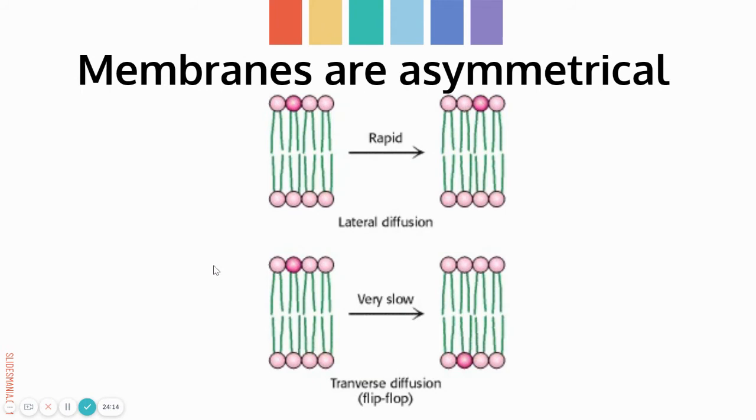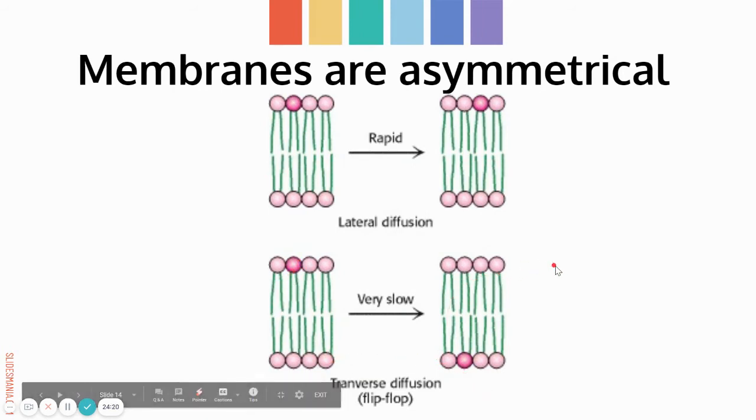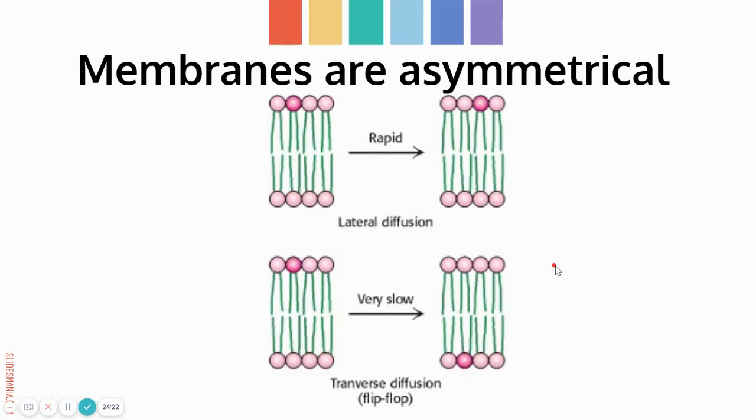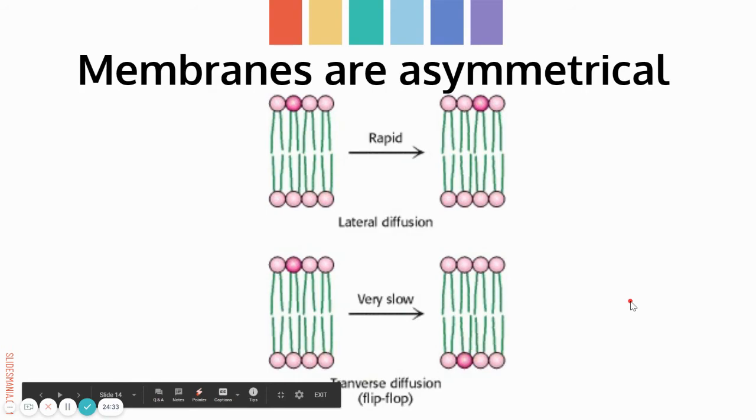There's one called scramblase too, that are responsible for changing the chemical properties of an outside one to make it an inside one, and vice versa. So transverse diffusion or flip-flopping doesn't happen very often. I'm not going to get into the chemical names, but there's very specific kinds of phospholipids on the outside and on the inside. We'll leave it at that.